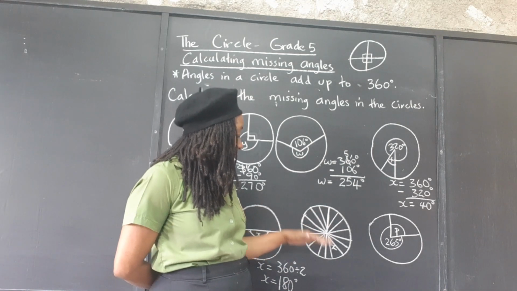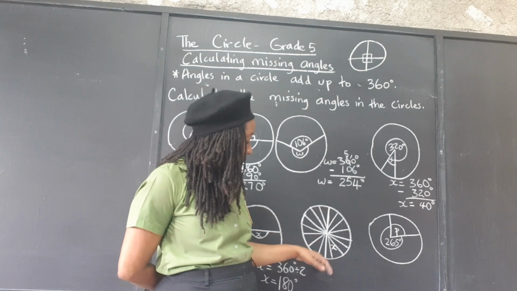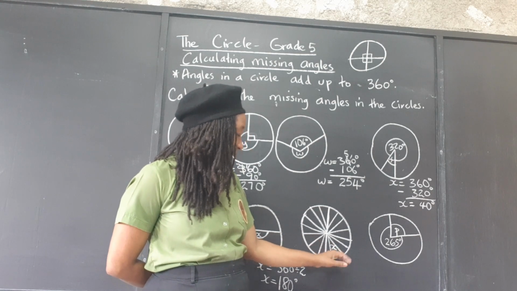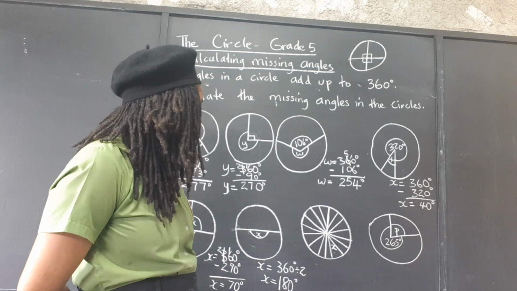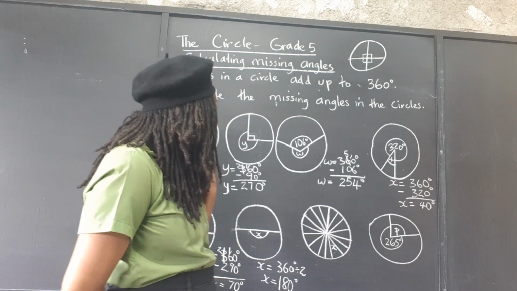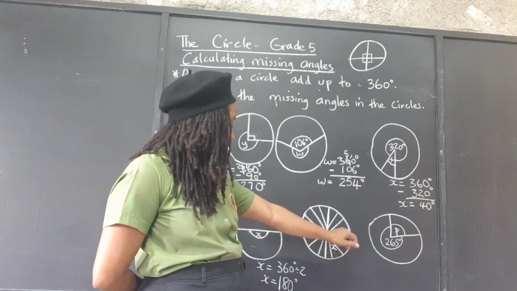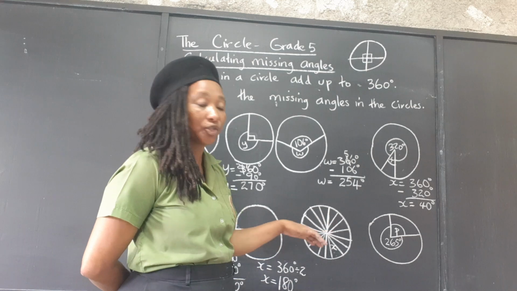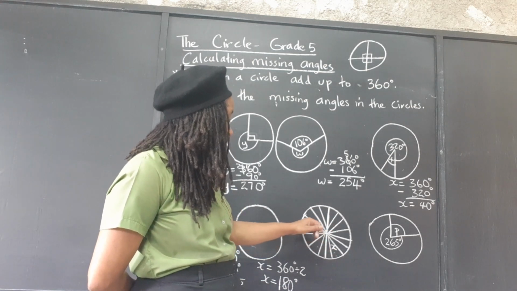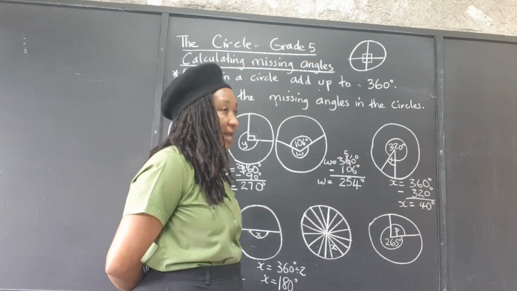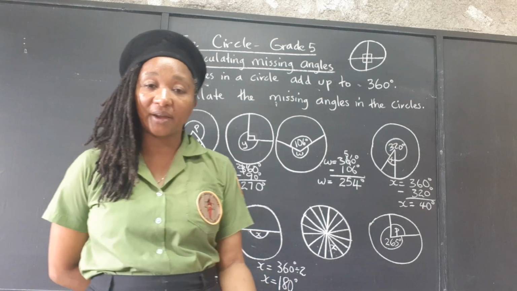How about these angles? We want x, right? Looking at the circle, it is divided up into a number of equal parts. So each angle here is equal. So then we need to count how many angles there are.